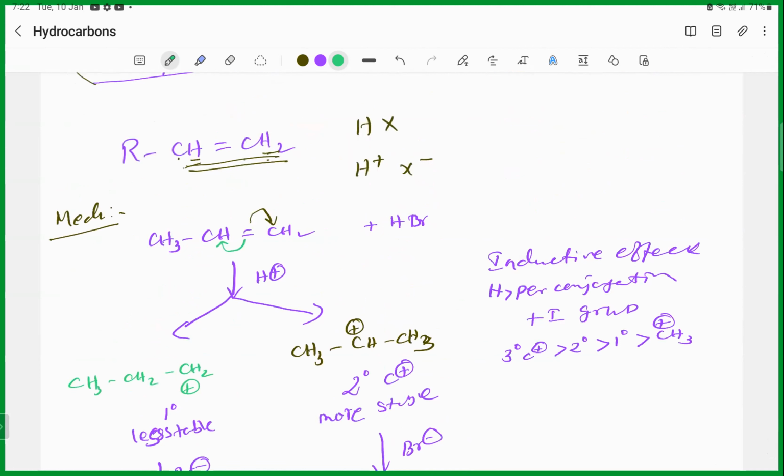When an unsymmetrical reagent is added to an unsymmetrical alkene, the negative part of the reagent is added to the carbon of the double bond which bears the least number of hydrogen atoms. This is called the Markovnikov rule.